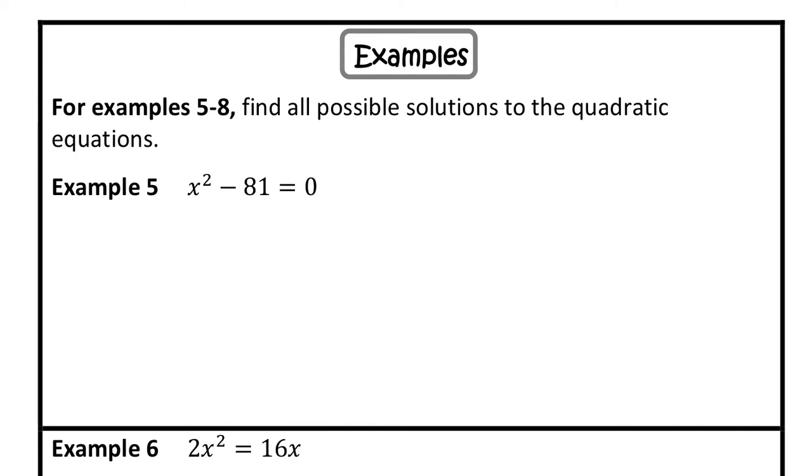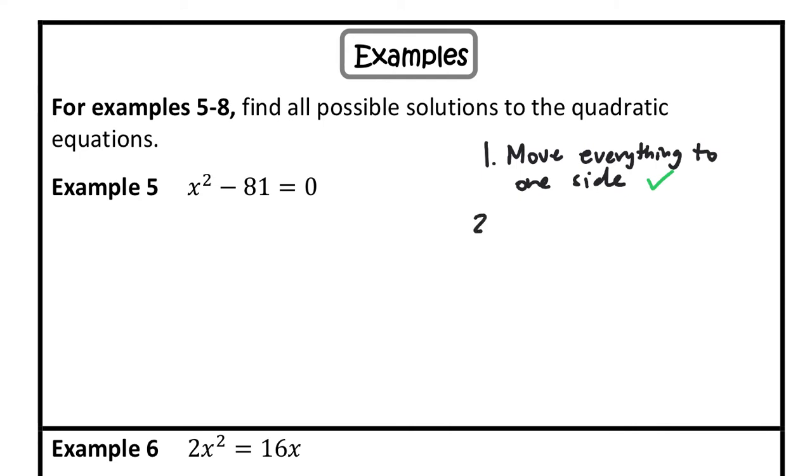All right. So this one, step 1, move everything to one side. Well, the nice thing about this one is that it's already done. The problem already started out that way.